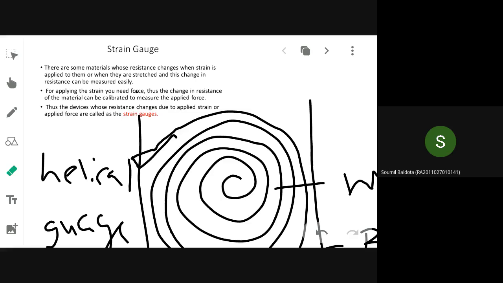Plus one inductive type of transducer we also discussed. What is the name of that inductive transducer? LVDT, linear variable displacement transducer. What does it measure? Displacement. It will convert the displacement again in terms of force. Whenever you apply a force to some material, it will get displaced.